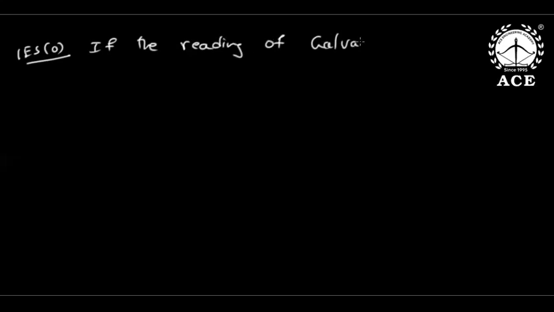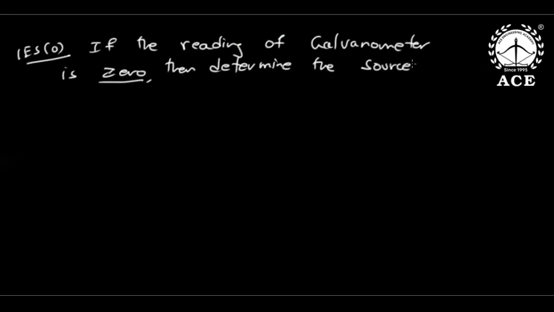Then I am giving an IES objective. If the reading of galvanometer is 0, then determine the source current IS.